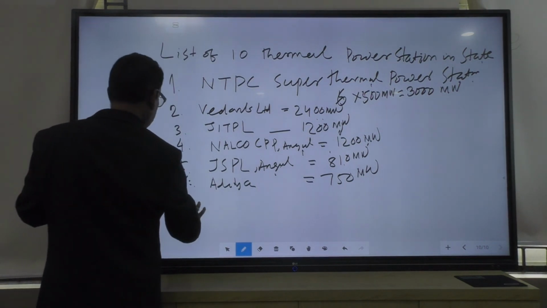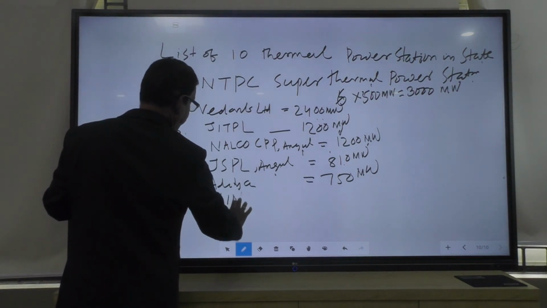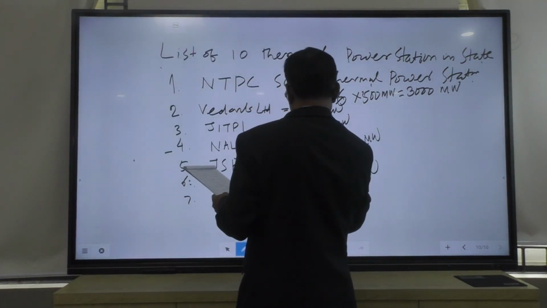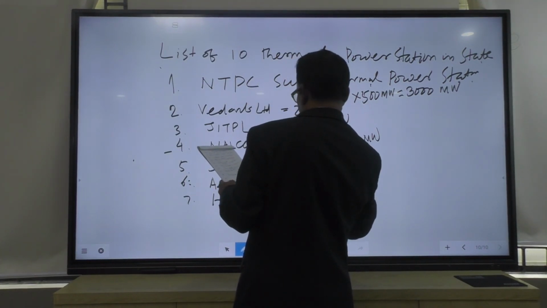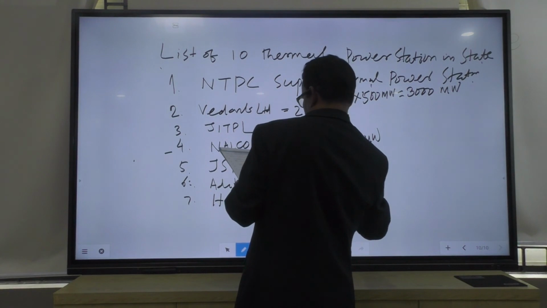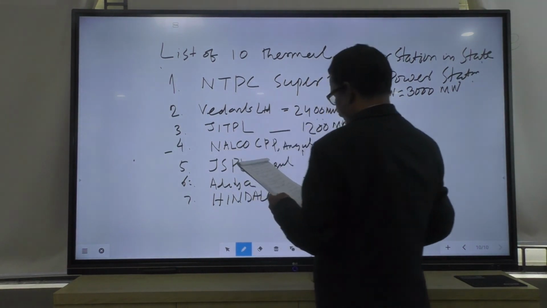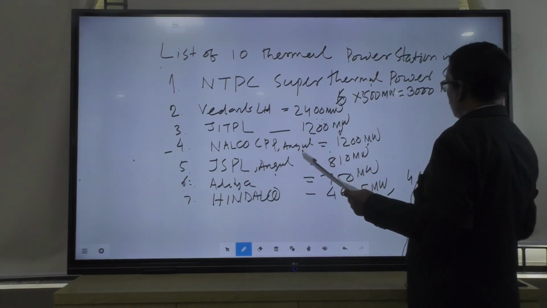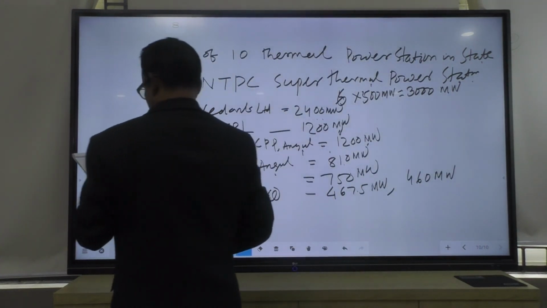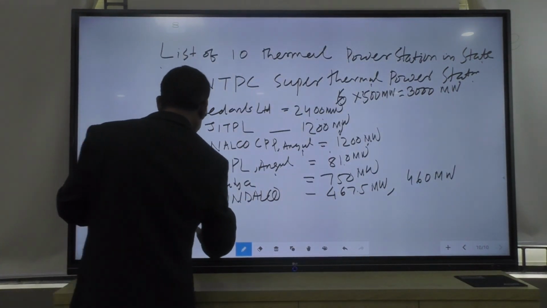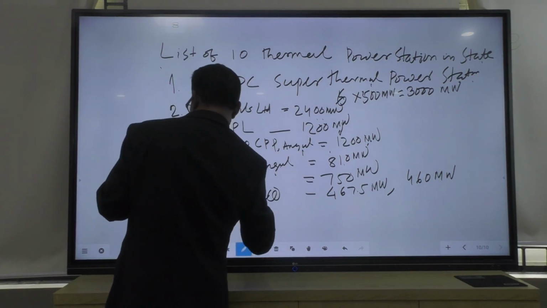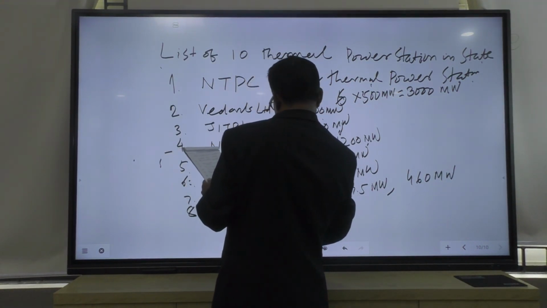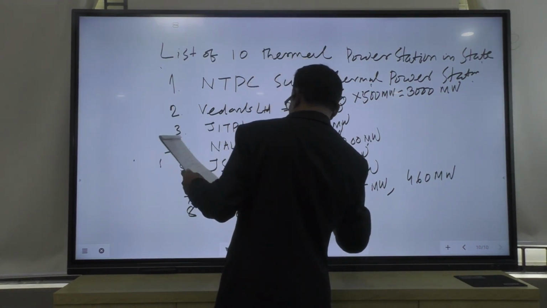Then Hindalco in Sambalpur is producing 467.5 megawatt and 460 megawatt. Then our state government OPGC is producing in Jharsuguda district 420 megawatt.